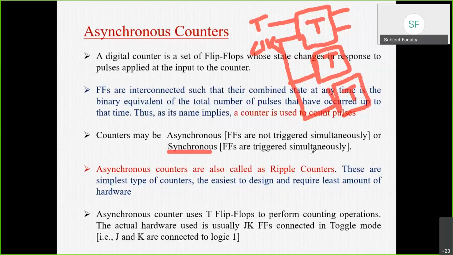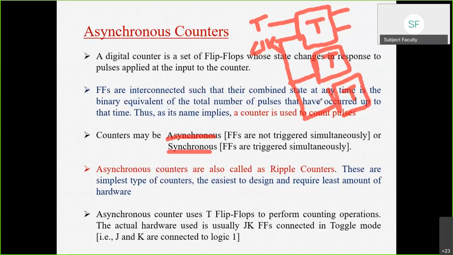And if you observe that the clock terminals of all the flip-flops are not connected together, then we will call it an asynchronous counter. That means flip-flops are not triggered simultaneously. Different flip-flops will trigger at different times, so there is no synchronization here.